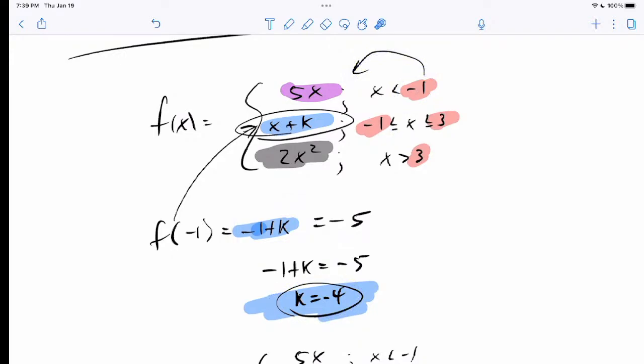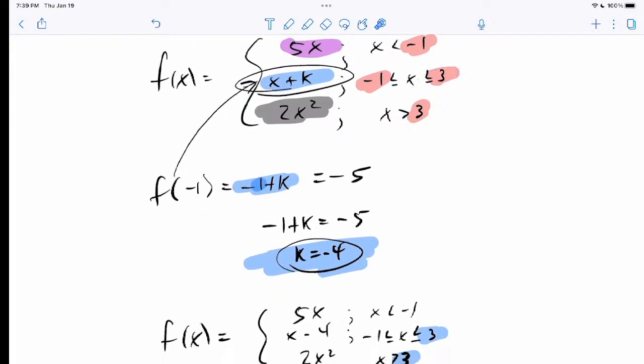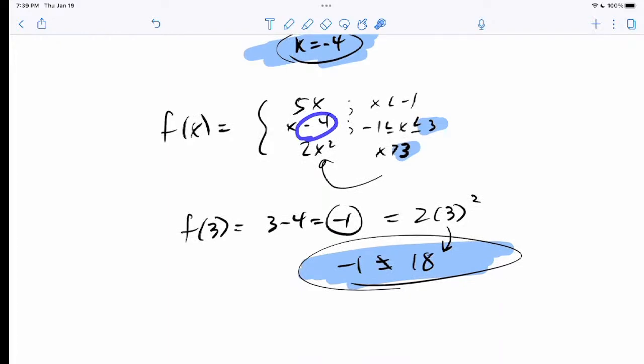But that same negative 4 value doesn't do the trick here. When I let k be negative 4, we do not get equality. If you check this at 3, subbing 3 into here and 3 into here, you do not get equality.